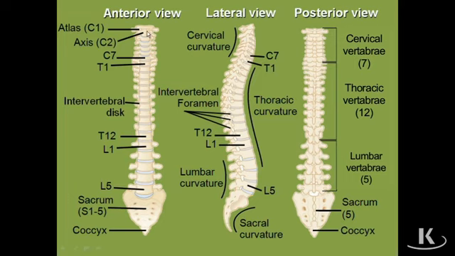So when we put these individual vertebrae together, we end up with our vertebral column. And the view on the left is an anterior view looking at the vertebral column from the front. And what we can see from that view is primarily the vertebral bodies and the intervertebral discs between those vertebral bodies. Now, the major function of that part of the vertebral column is to support weight. The vertebral bodies and the discs are designed to support weight.